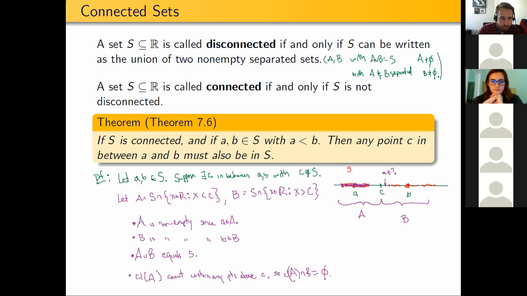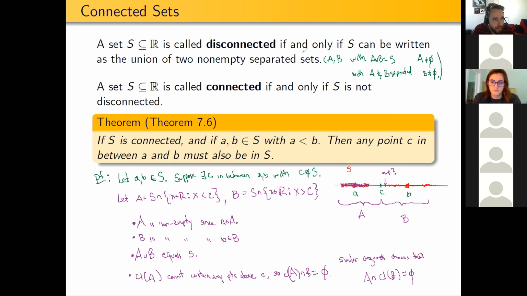Okay, rabbit hole done. Similarly, since the closure of A intersect B is empty, we have a similar argument, which I won't spend too much time talking about, but a similar argument shows that A intersect the closure of B is empty.